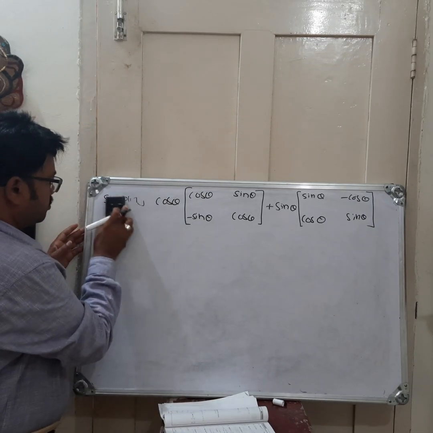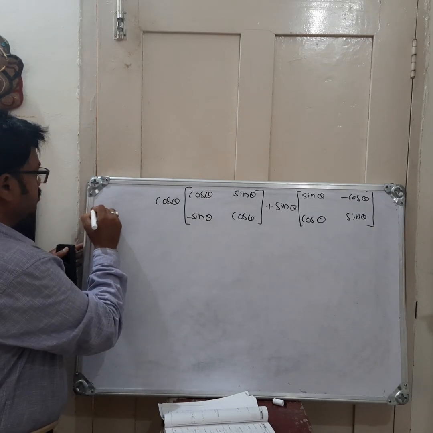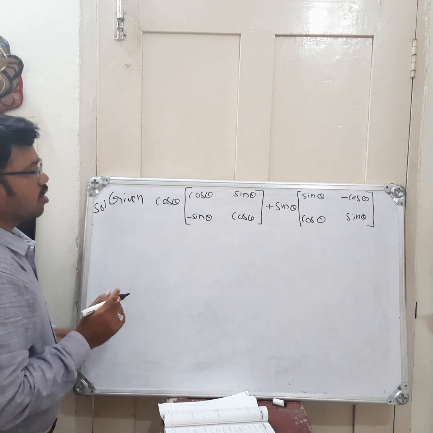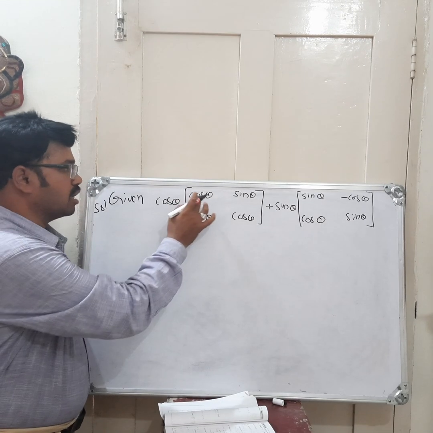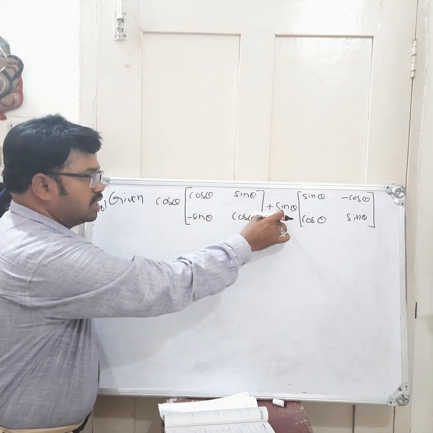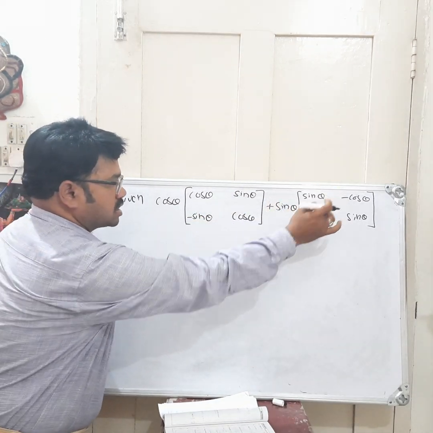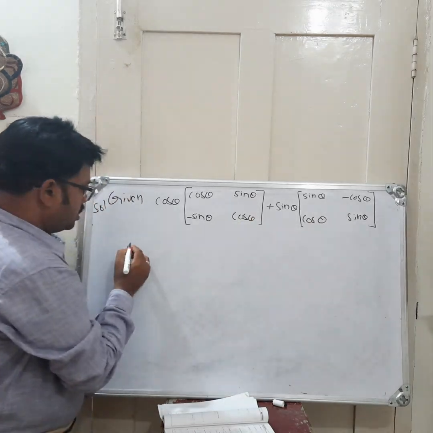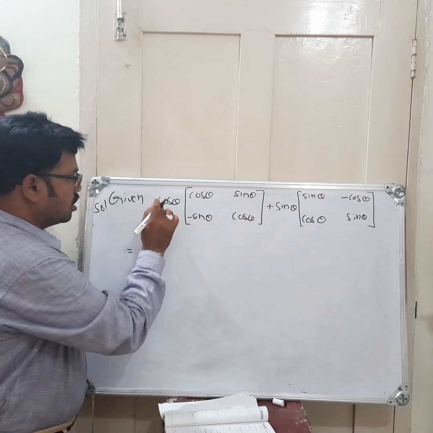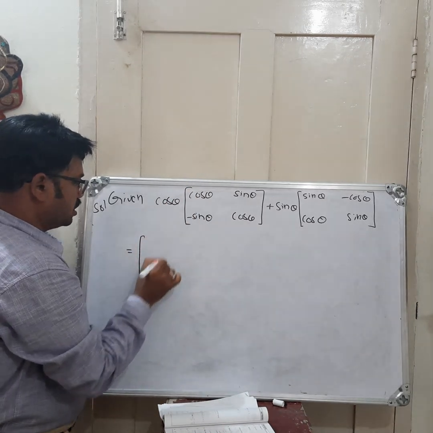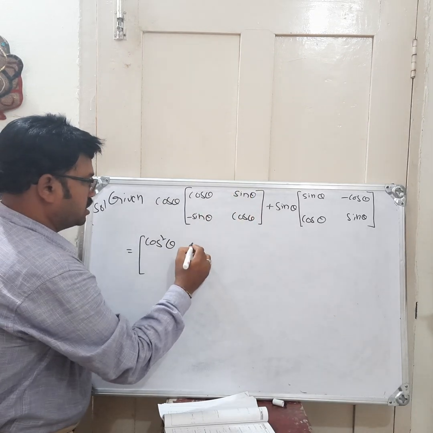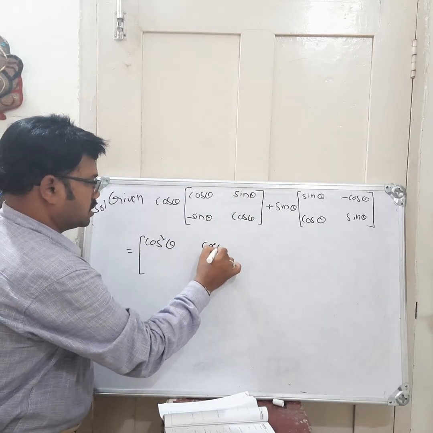See here, solution. So this is given: cos theta into the matrix cos theta, sin theta, minus sin theta, cos theta, plus sin theta into the matrix sin theta, minus cos theta, cos theta, sin theta. Now multiply: cos theta into cos theta is cos square theta. Cos theta into sin theta is cos theta sin theta.